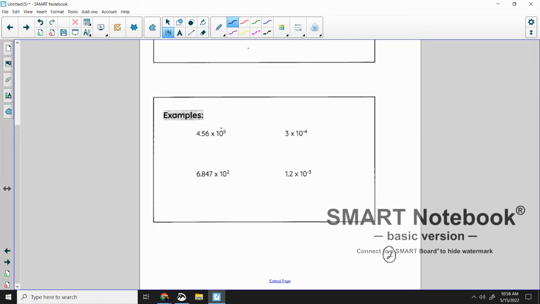So for instance, a positive exponent tells us that this is going to be a large number. So I'm going to write the coefficient 4.56, and then the exponent for this problem is 5. So that's going to tell me to move my decimal 5 places. 1, 2, 3, 4, 5.